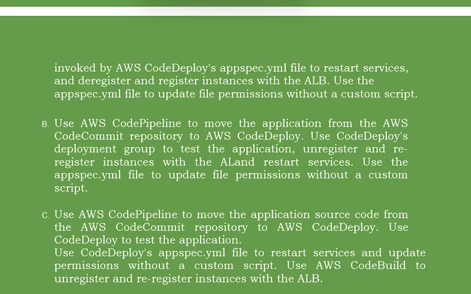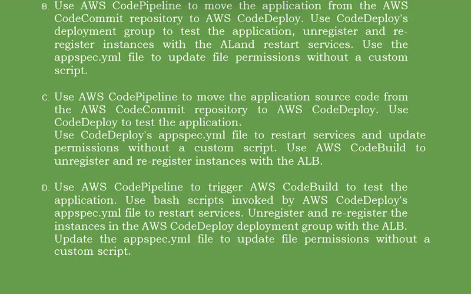Option B. Use AWS CodePipeline to move the application from the AWS CodeCommit repository to AWS CodeDeploy. Use CodeDeploy's deployment group to test the application, unregister and re-register instances with the ALB, and restart services. Use the appspec.yml file to update file permissions without a custom script.